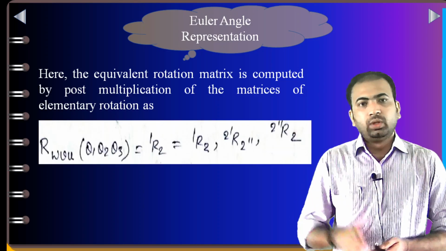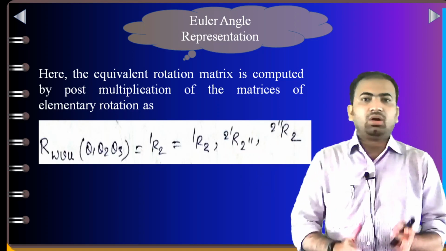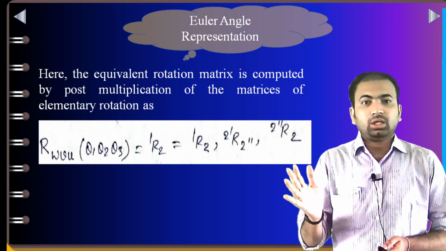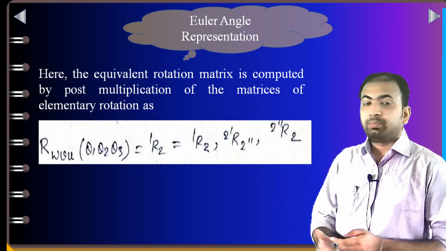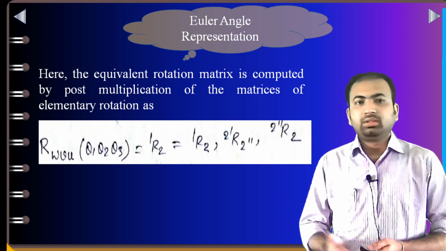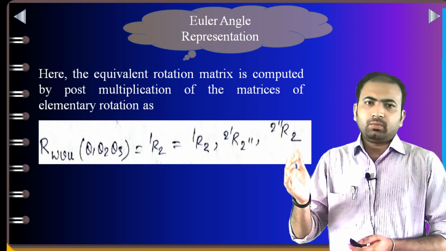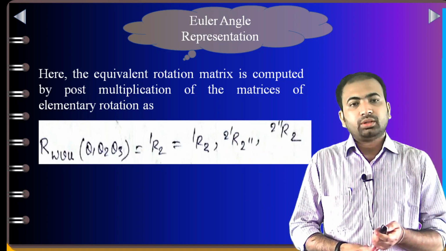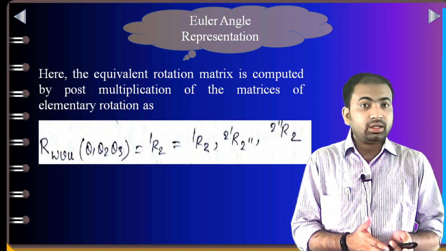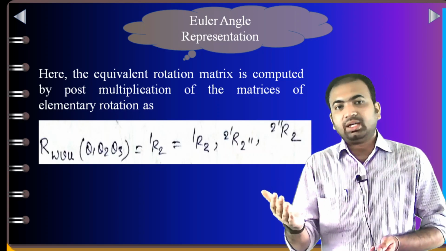So we have written in the same form, you can see R of W V U will be theta 1, theta 2, theta 3, here we have to represent in this way, and we are getting frame 1 to frame 2, that is why we have written frame 1 or 2, okay. First we have done 1 to 2, then 2 dash or 2 double dash, then 2 double dash to frame 2.